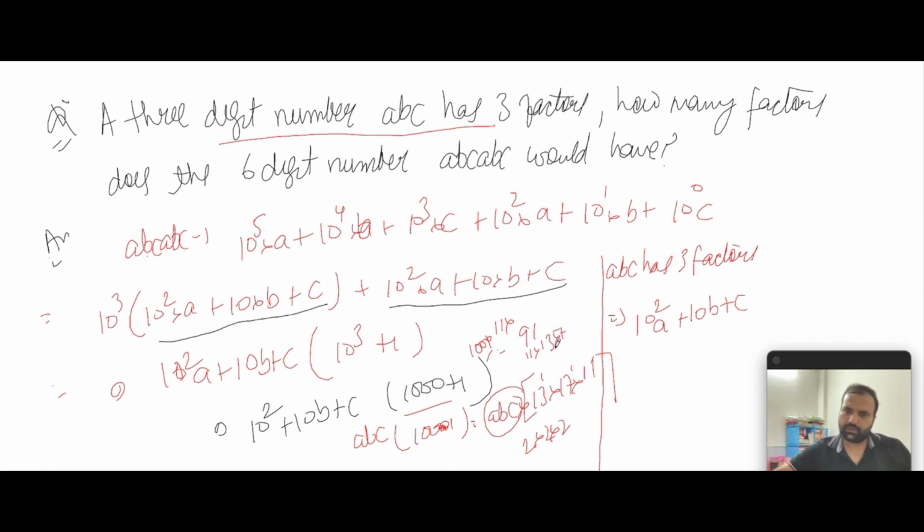Can we get it? So 13 into 7 into 1. So what do we get over here? So we have 1 into 1 into 1 is equal to 16 factors.